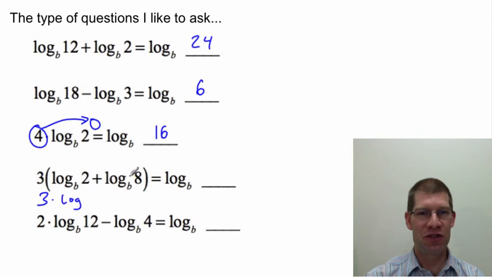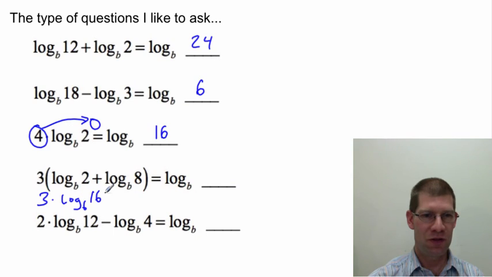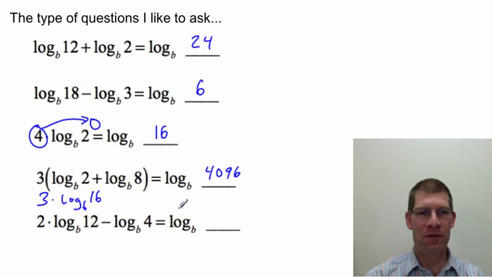It's tempting to add the 2 and the 8, but adding the logarithms is like adding exponents. You do that when it's multiplication. So we have 8 times 2, so we end up with log of 16 base b. Then from there we go through and we do 16 to the third power, so 4096.